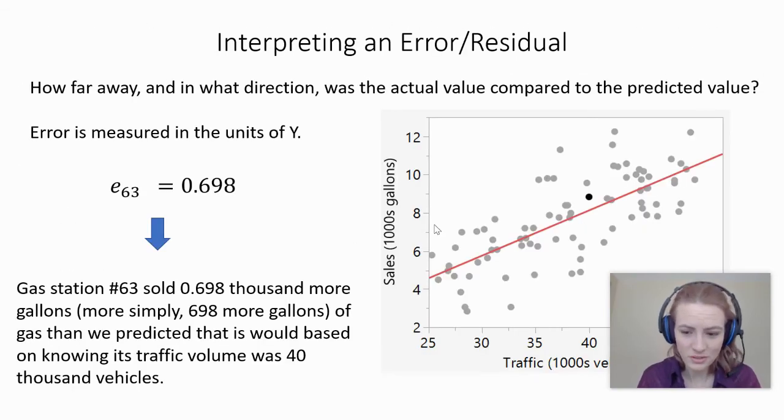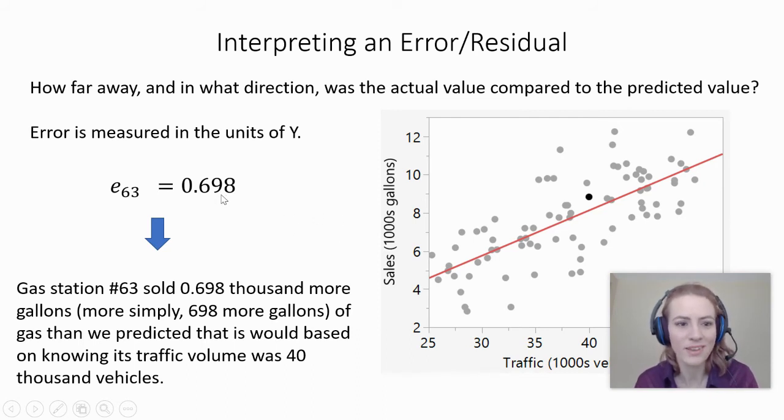But it actually sold 8.84. So it outperformed the expectation by this amount. So it's 0.698 thousand gallons. And to make it very straightforward to interpret, if you multiply by 1,000, it sold 698,000 gallons more than we predicted.